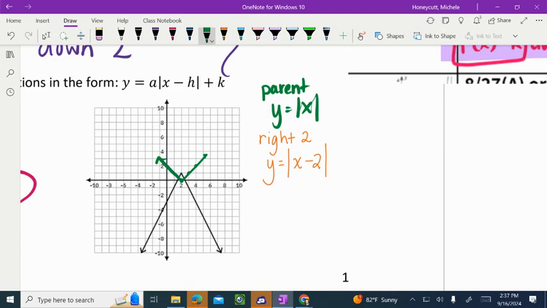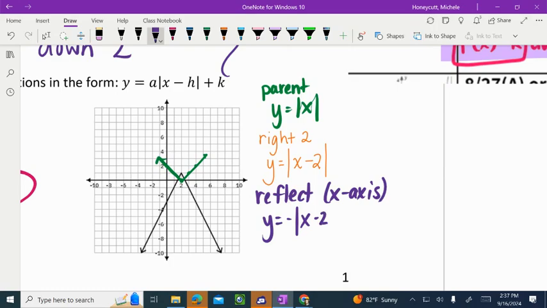And I say, hey, I notice that graph needs to be reflected across the x-axis. So I'm going to reflect it across the x-axis. And to do that, you need to put a negative in front of the absolute value bars. So that takes this graph and now moves it like this.